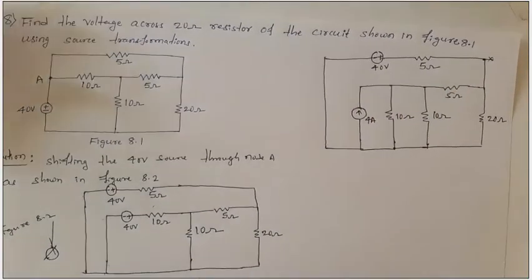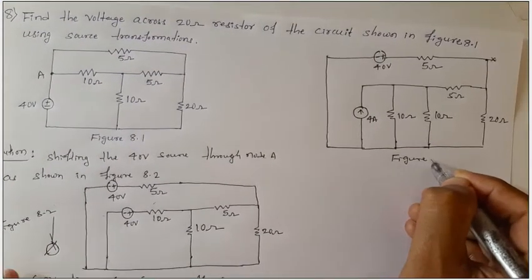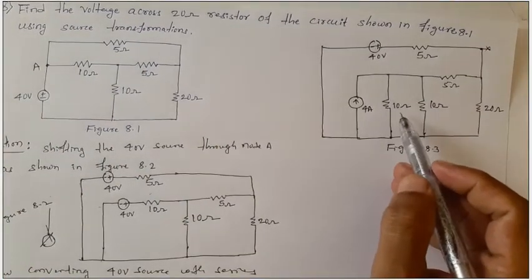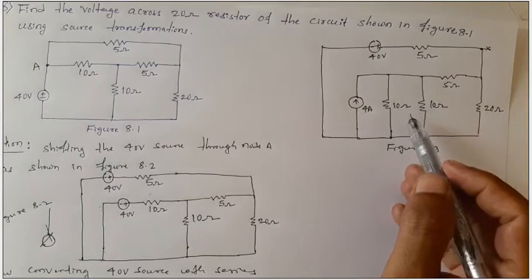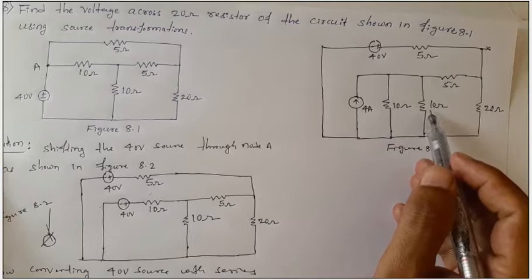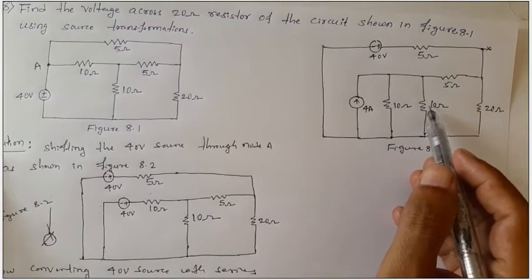Now if you see, dear students, this is figure 8.3. There are two resistors which are in parallel: one is this 5 ohm resistor and the other is the 10 ohm resistor, which can be converted to a single resistance of value 5 ohm.